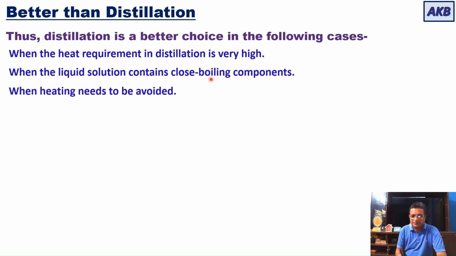You cannot use it in that case. So you can go for liquid extraction. When heating needs to be avoided, so this is the case with heat sensitive components, which can get thermally degraded at even relatively low temperatures. So in that case, you can go for liquid extraction.